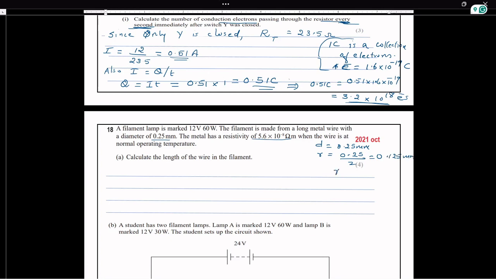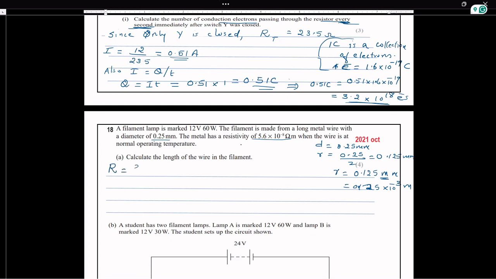I'm changing that to meters. The prefix milli is 10 to the power of negative 3, so 0.125 times 10 to the power of negative 3 meters. This is the radius.